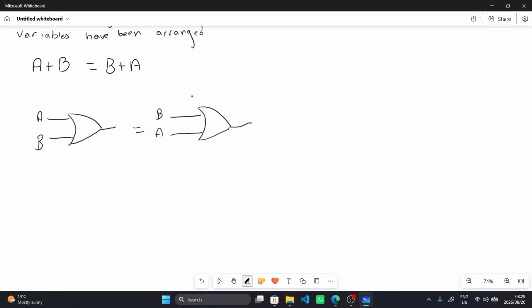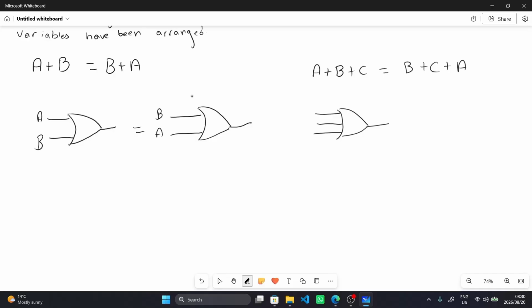And again, if you have, for example, A plus B plus C, we'll still have the output the same, even if it's B plus C plus A. So your commutative law says, no matter how you arrange your input, your output will still be the same.